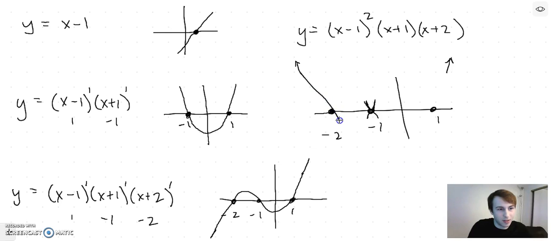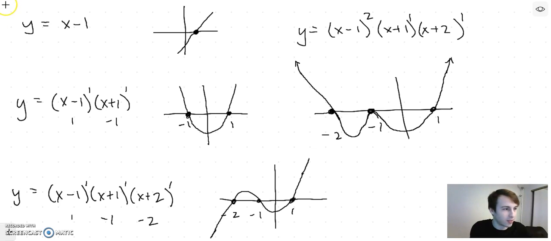This 0 goes through because negative 2 is the first power. It's an odd power, so it crosses through. And then when it comes back here, it's coming from this side, so it has to go down here. And then come back through this 0. So we can erase the indicators we made up here, just in case. And that would be the graph of our function.